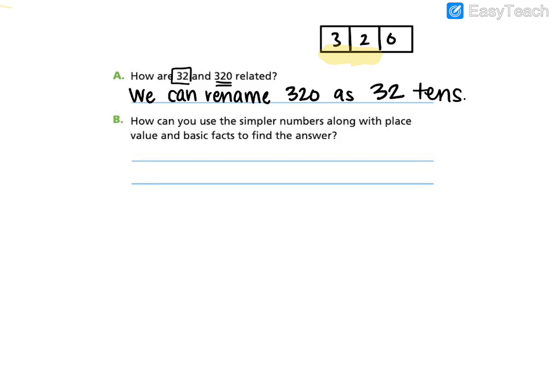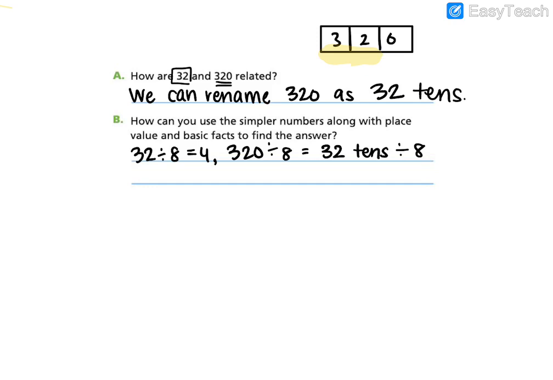And then letter B asks us, how can we use the simpler numbers along with place value and basic facts to find the answer? Well, we know 32 divided by 8 was equal to 4. So 320 divided by 8 is equal to 32 tens divided by 8.